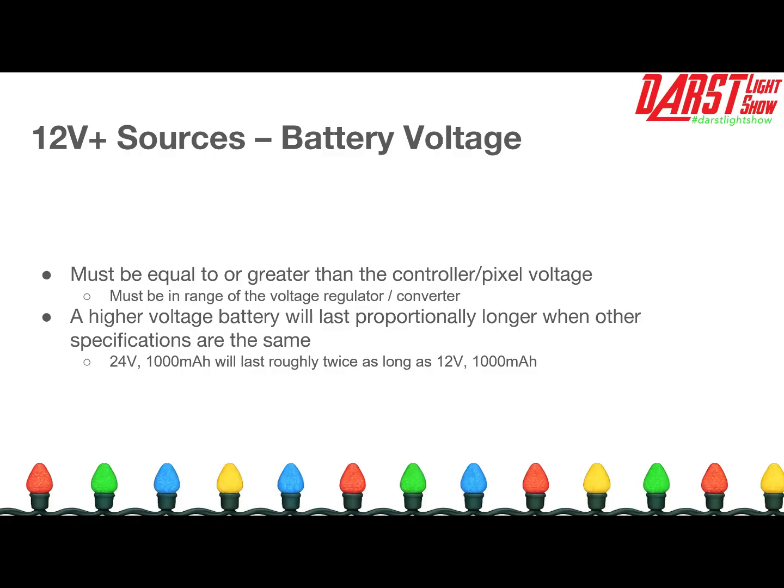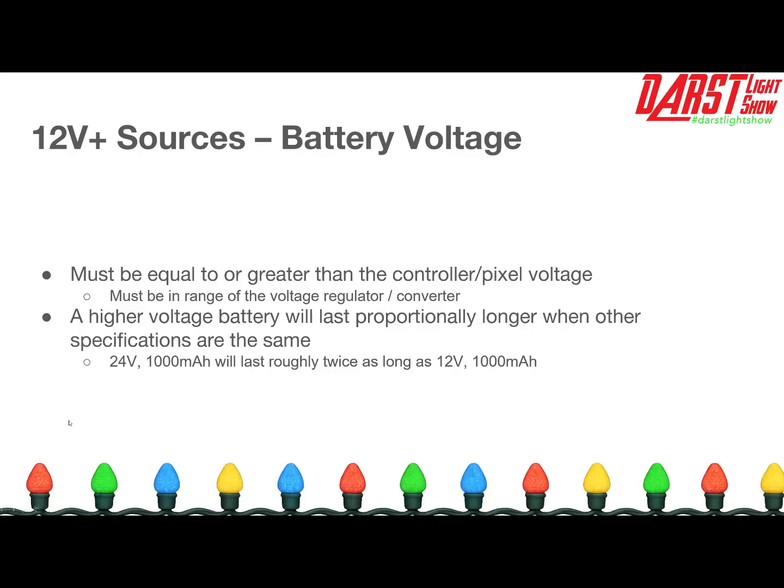Okay. Now, if you do get that higher voltage battery, this can go back and impact the capacity that we talked about earlier. So, for example, if you have a 1,000 milliamp hour battery that's rated at 24 volts, and you're running a 12-volt system on it through a converter, that's going to last about twice as long as a 12-volt battery rated at 1,000 milliamp hours.